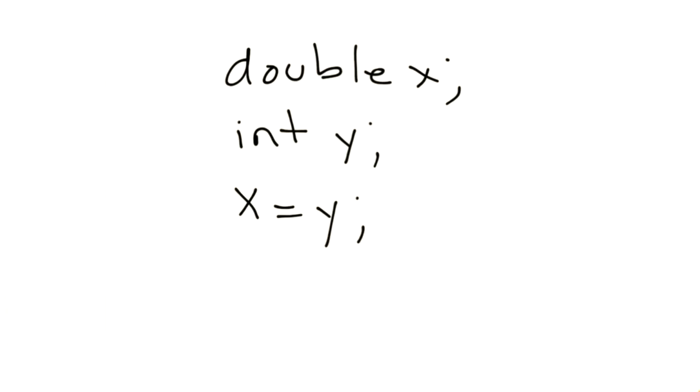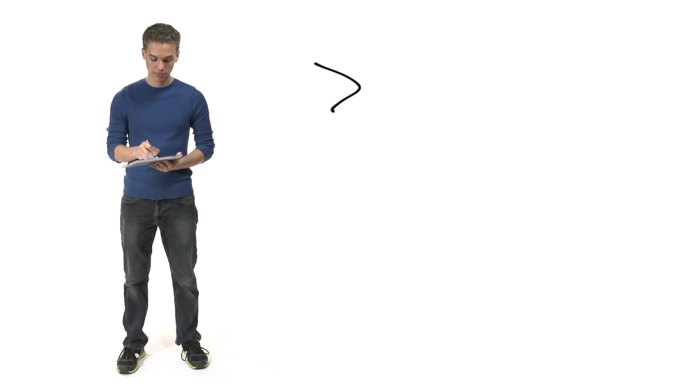On the other hand, it wouldn't necessarily be correct to say y equals x because the double might have a larger value than the integer, and so the integer might not be able to hold all the information stored in the double.